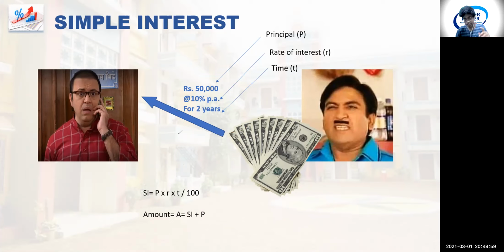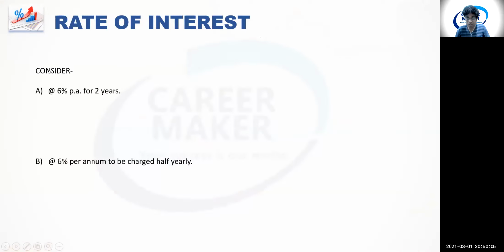Okay. Now there exists one more concept that needs to be kept in mind while solving problems. Although the concept is going to be the same. Let's say the interest rate is mentioned at a rate of 6% per annum for 2 years. Now we have just seen the calculation. Whatever the principal is, we'll multiply that by 6 into 2 by 100, and that is going to be our simple interest.